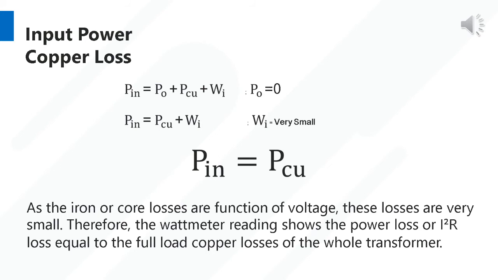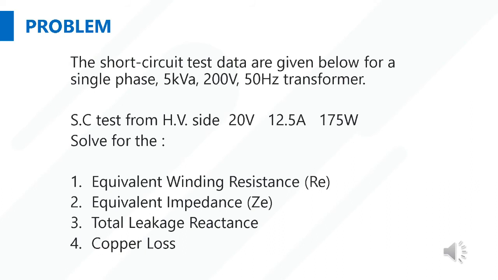So, para mas maintindihan natin, let's proceed to the sample problem. The short circuit test data are given below for a single phase 5 kVA, 200 volts, 50 Hz transformer. Short circuit test from HV side: 20 volts, 12.5 ampere, 175 watts. So, ang nabasa ng ating voltmeter ay 20 volts, yung ammeter natin naman ay 12.5 ampere, and the wattmeter is 175 watts.